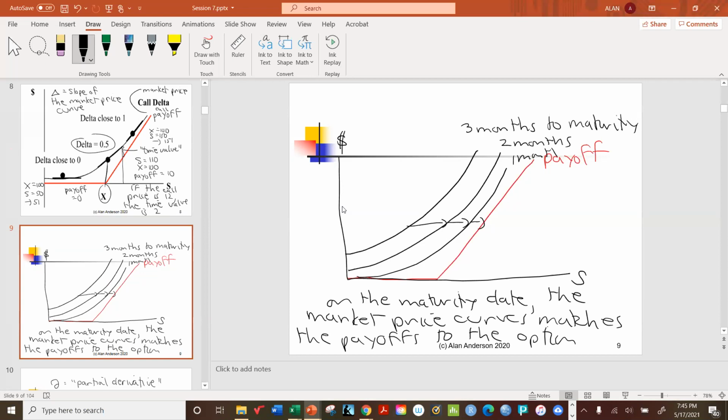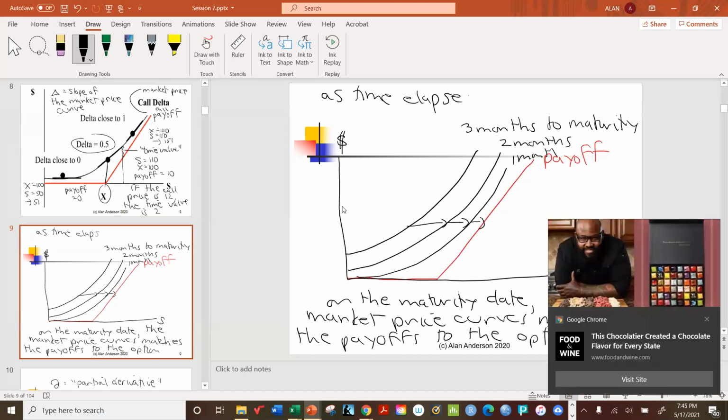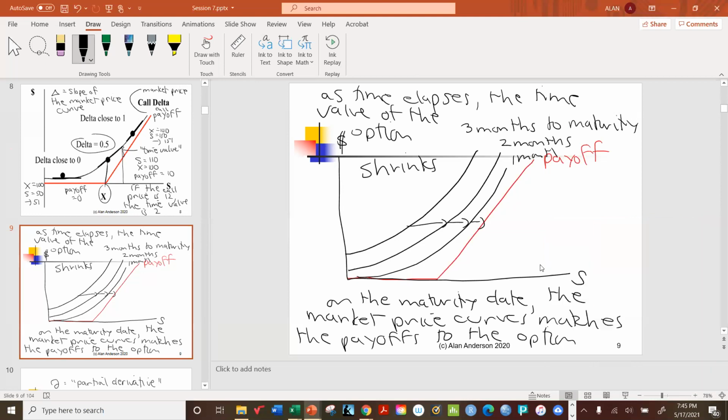So as time elapses, the time value of the option shrinks, so that on the maturity date, there is no time value. On that very last day of the option's lifetime, there's no time value.